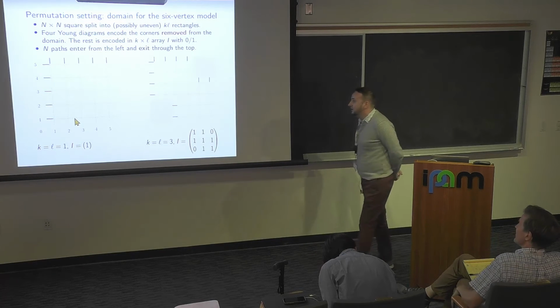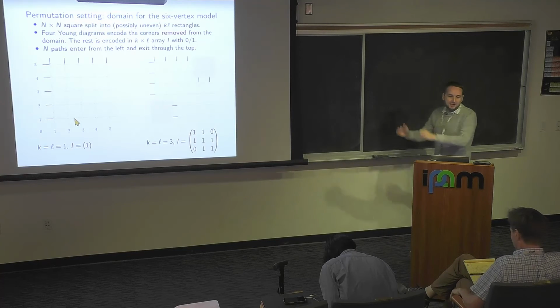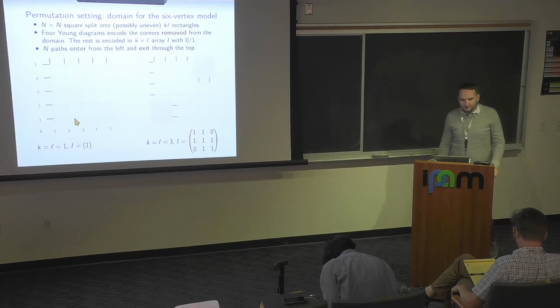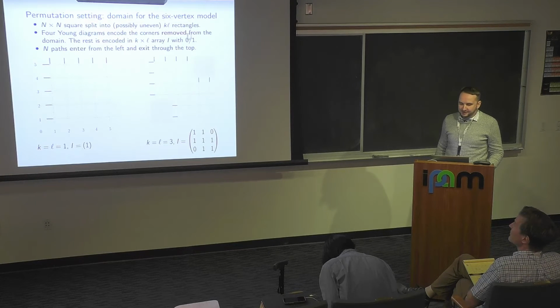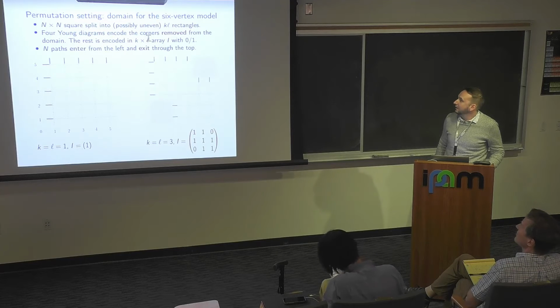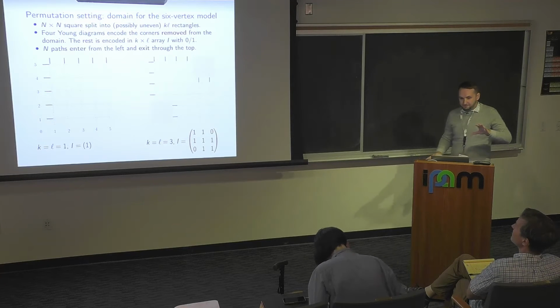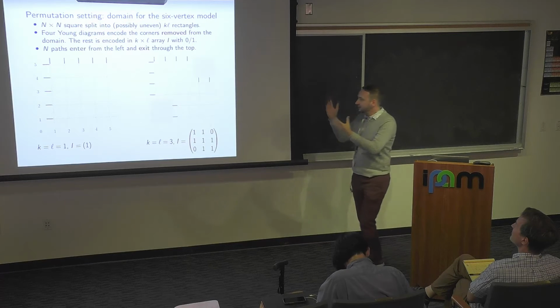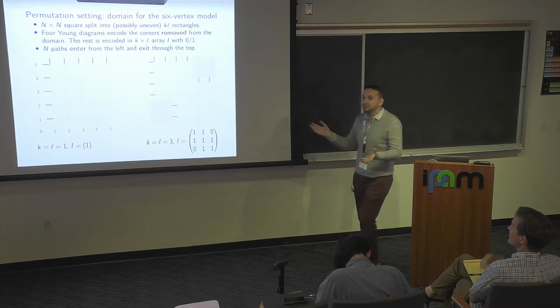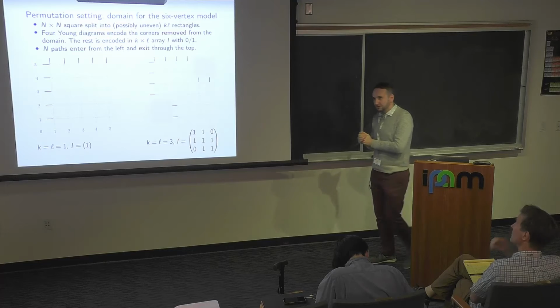So we again deal with an n times n square. We will split this square into some possibly uneven k times l rectangles. Then some of these rectangles will remain in our domain, and some of these rectangles will be removed from our domain.